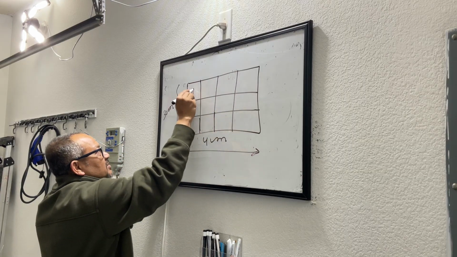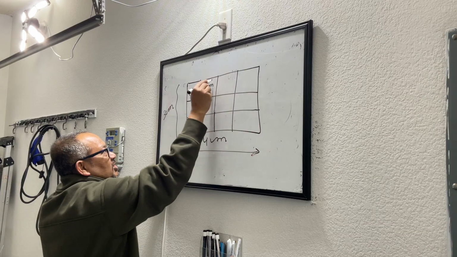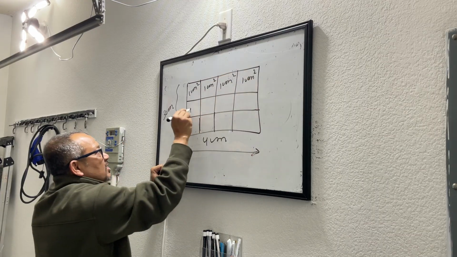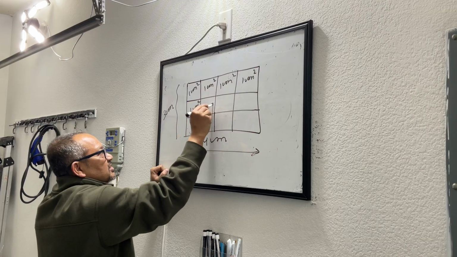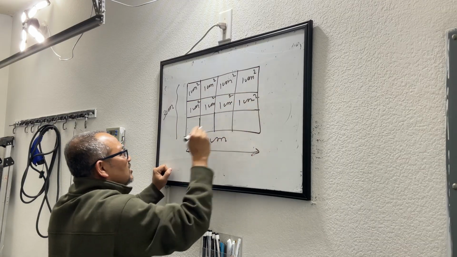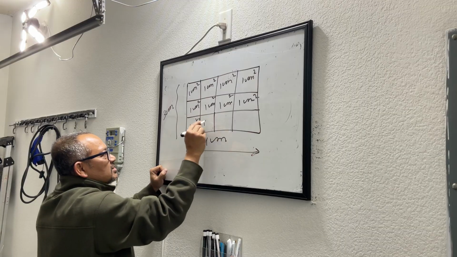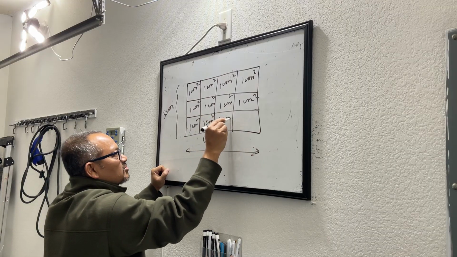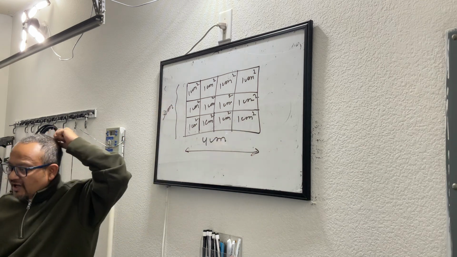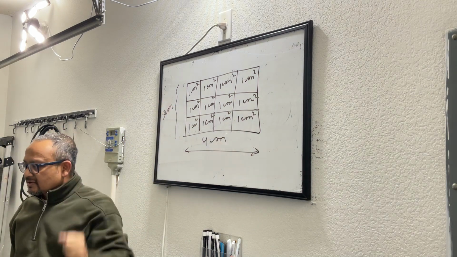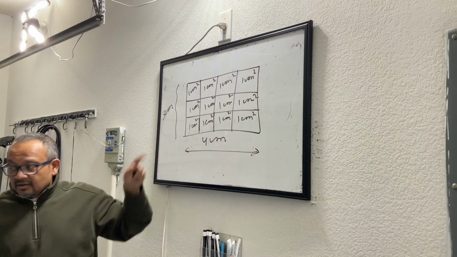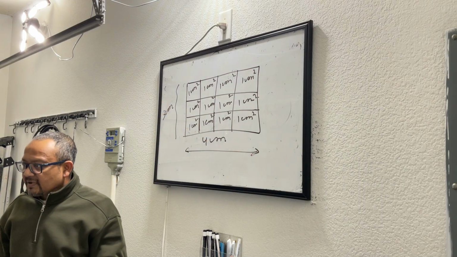So this is 1 centimeter square, this is also 1 centimeter square, and so on. How many 1 centimeter squares we have here? I think 12. Yeah?